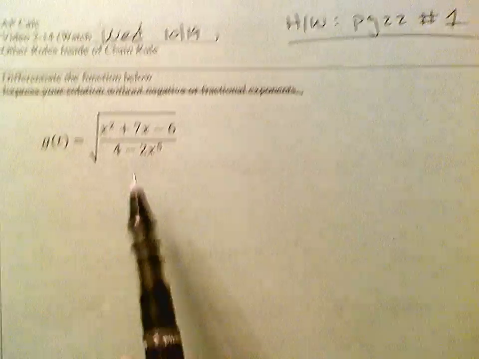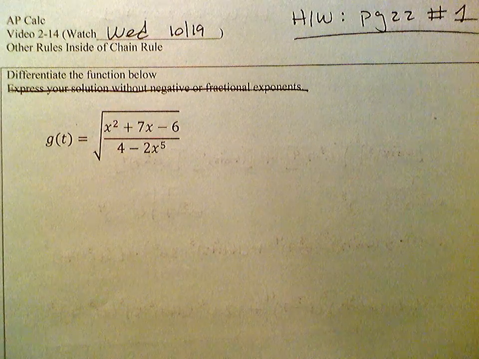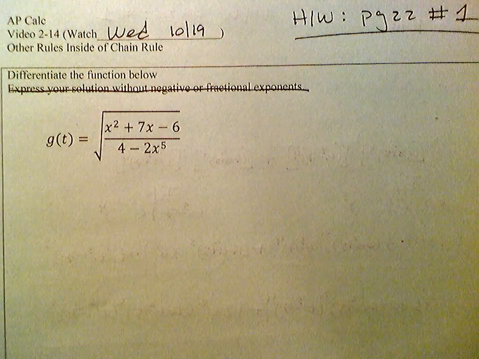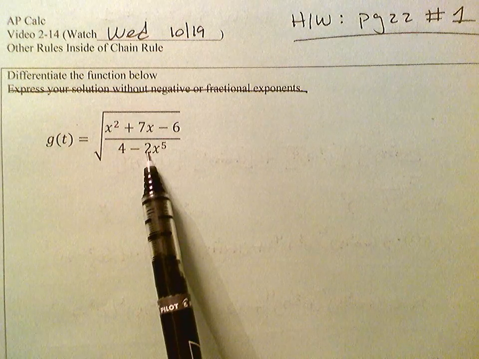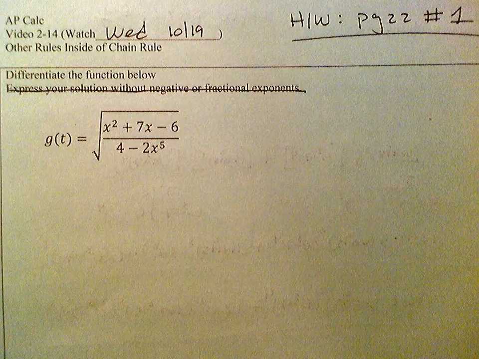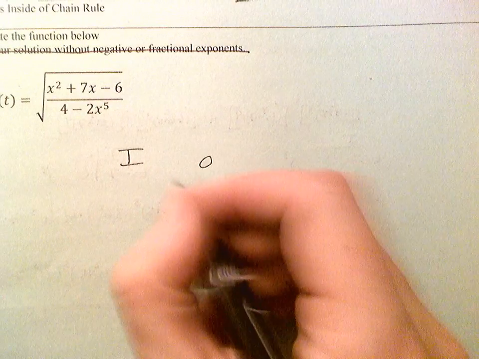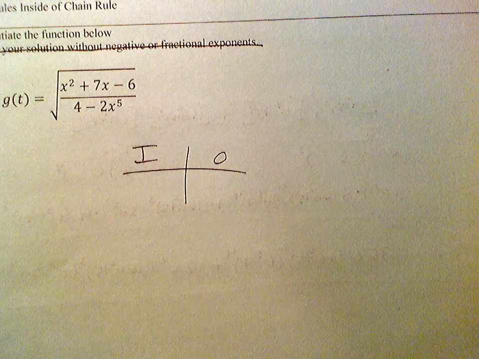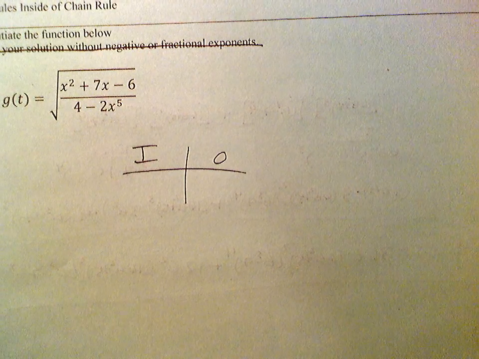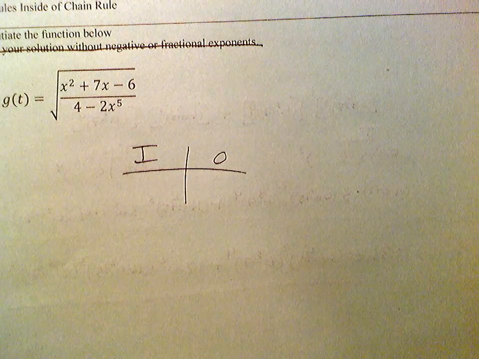Okay, so take a look at this. Right off the bat, I notice that I have a function inside of a function. I have this function, which is a quotient, inside of a radical. So right away I know I have to use an in and out chart in order to use the chain rule. And by the way, guys, in the future there are going to be situations where you're getting fast at chain rule, so you don't need to write the in and out chart.